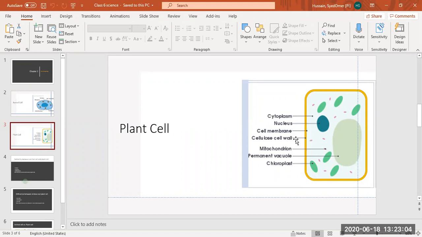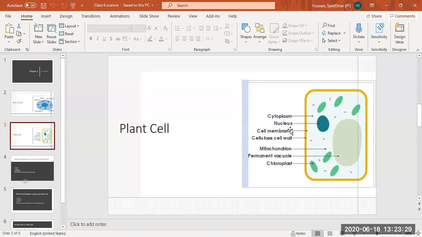Now, as you can see, the cell membrane is at the inside of the cell wall and the cell wall is at the outside of the cell membrane. So, it means that in a plant cell, a cell wall is protecting all the features of the cell. So, it helps the plant cell keep its shape. A plant cell's shape is because of a cell wall. Okay.